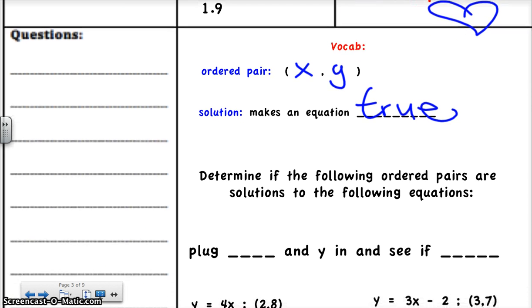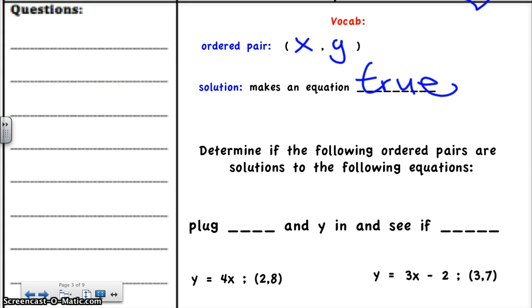All right. So we're going to extend. Yesterday you identified if x was a solution to an equation. Today you're going to identify if points are a solution to an equation. Yesterday you just did one, today you're going to do a set of points. All you need to know for today is that a point goes x, y.